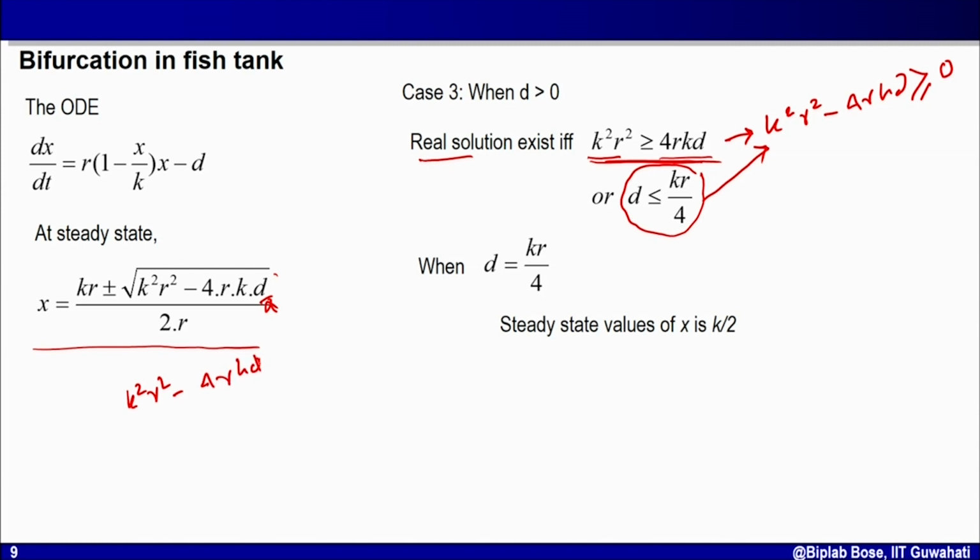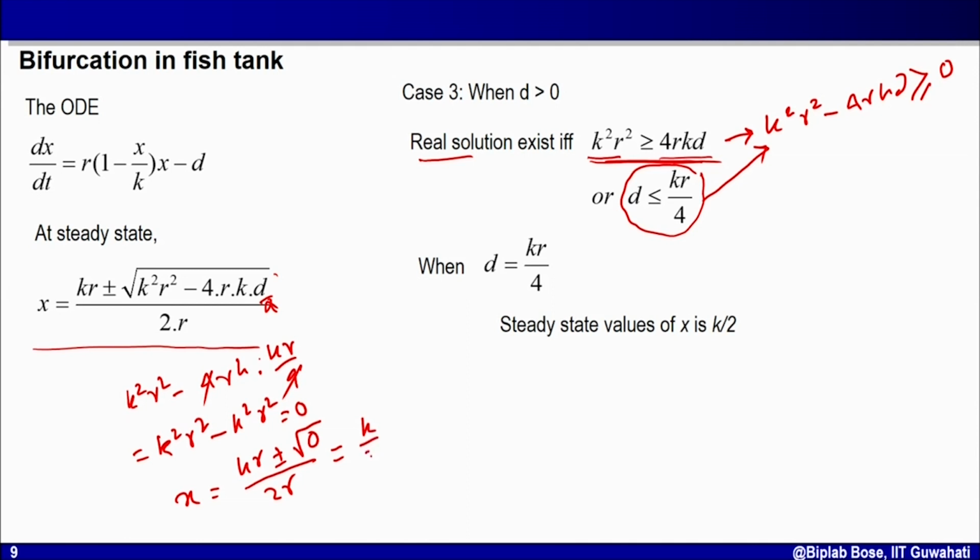So kd is replaced by kr by 4. 4 and 4 get cancelled, so I get k square r square minus k square r square, which is equal to 0. That means x equal to kr plus minus square root of 0 divided by 2r, which is nothing but k by 2. So when d is equal to kr by 4, I have one steady state, and that is equal to k by 2.